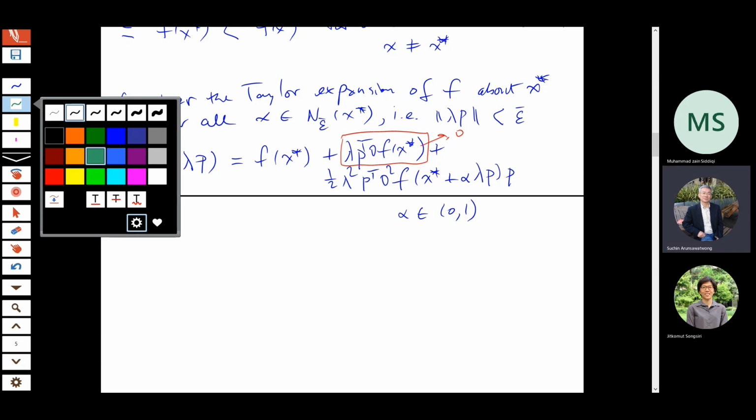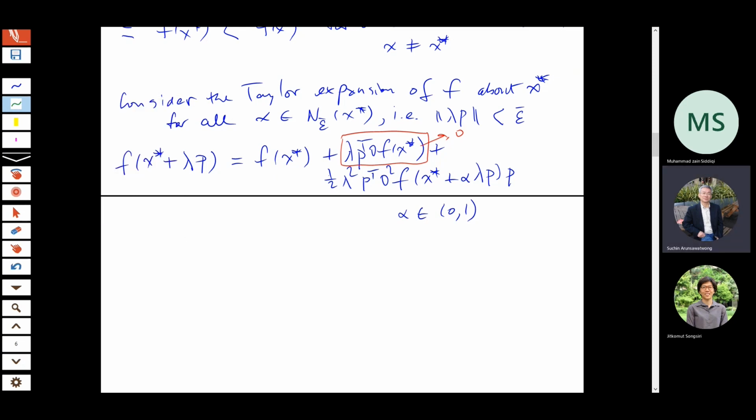The other term, the third term on the right hand side.